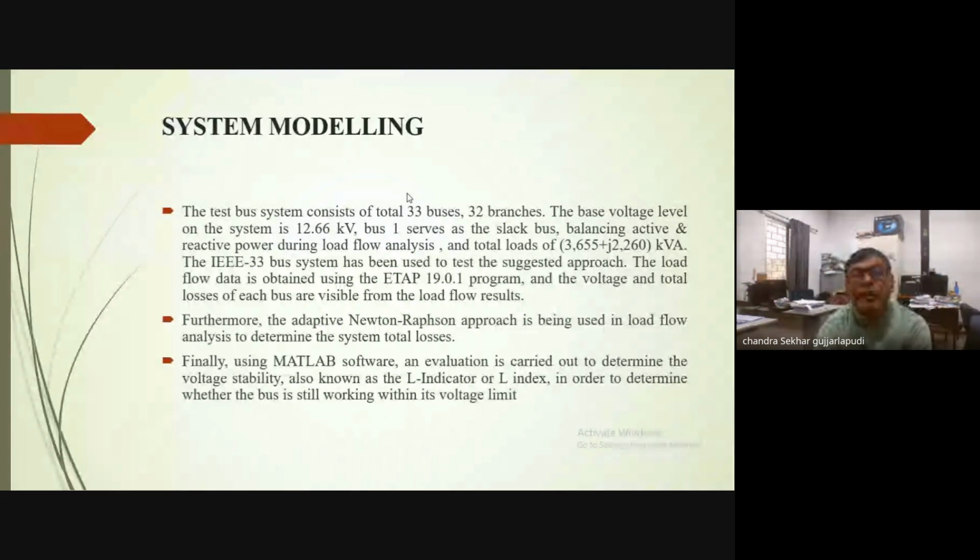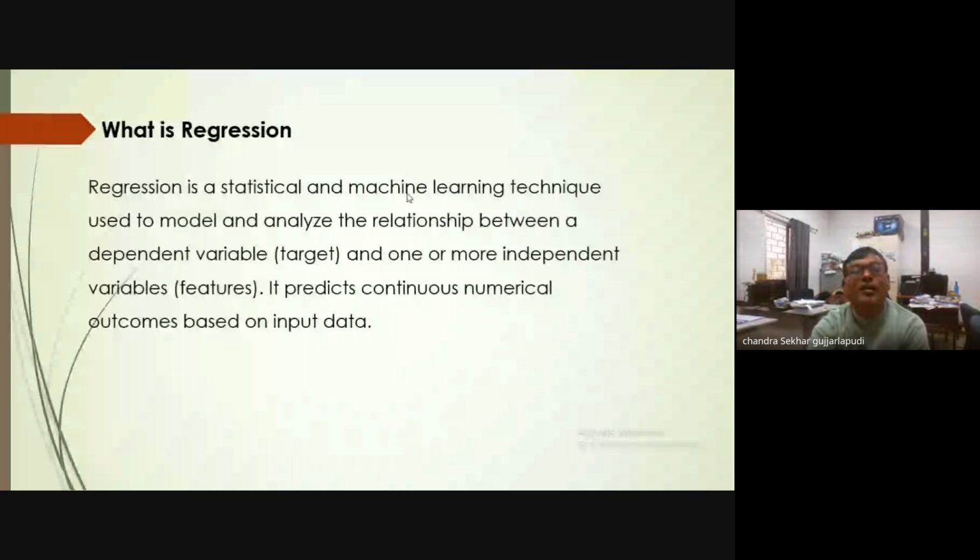In our analysis, we have utilized a linear regression model. This regression model is a very simple technique. We should have a dependent variable and an independent variable. The dependent variable is referred to here as the target, and independent means the features only.